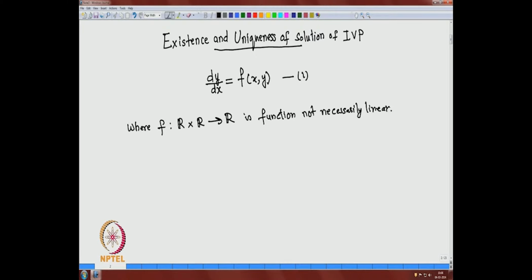So this model can handle both linear and nonlinear differential equations. Along with the differential equation, we also give an additional initial condition y(x0) = y0. Call this equation number 2.